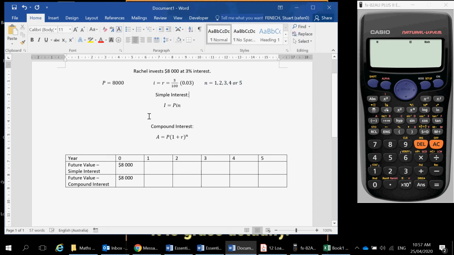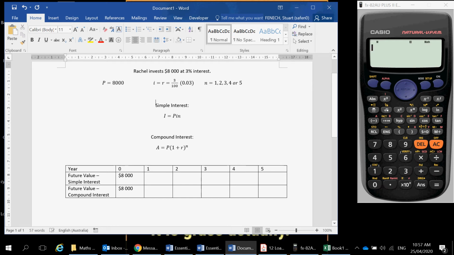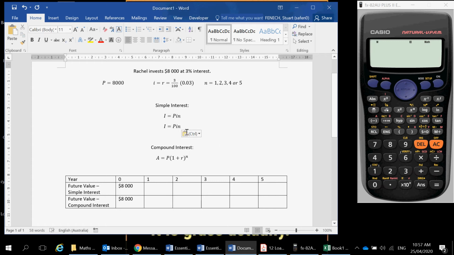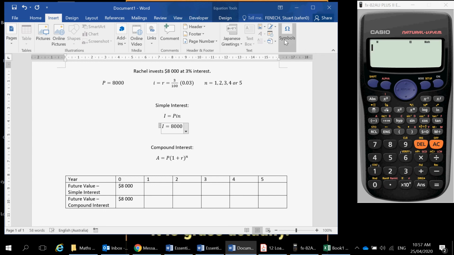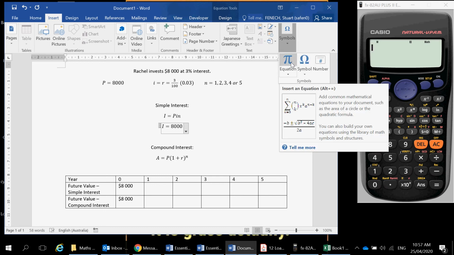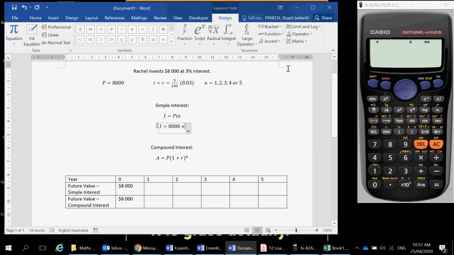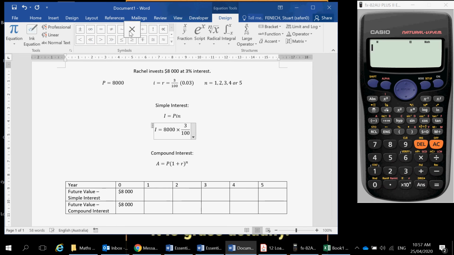In the case of our simple interest calculations, to find out how much Rachel's $8,000 investment will be worth at any moment in time, I'm going to put the values in the formula. So it's going to be 8,000 times 3 over 100 times N, where N could be 1, 2, 3, 4, or 5.